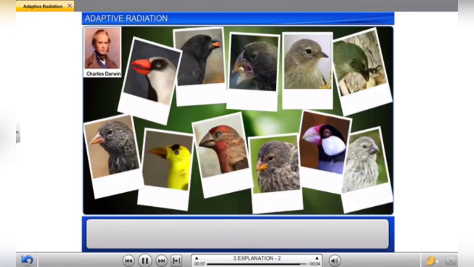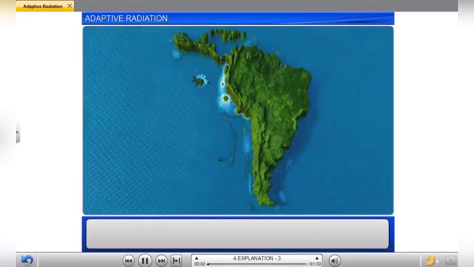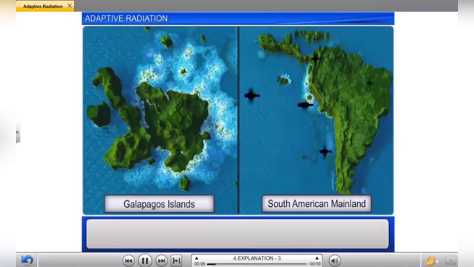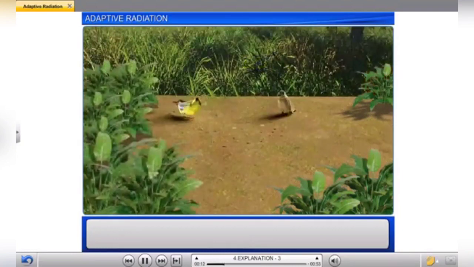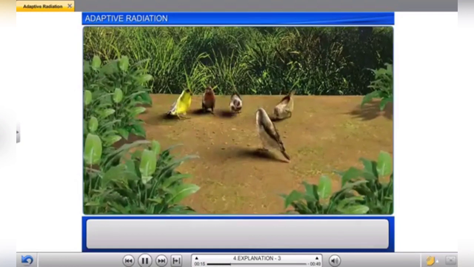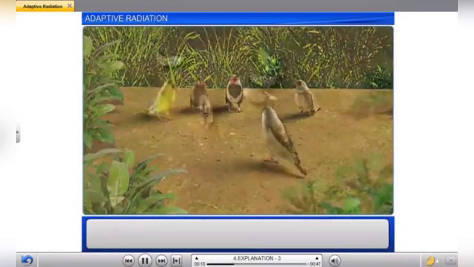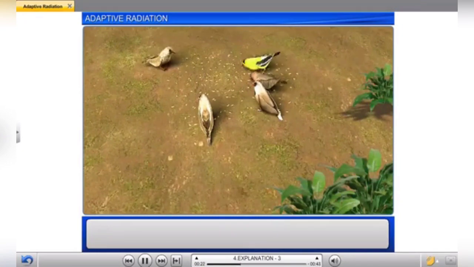For example, the finches of the Galapagos Islands. These finches had originally come from the South American mainland to the Galapagos Islands. With the passage of time, they multiplied and began to compete with each other for food. As a result, all the food resources on the islands were used to the optimum.